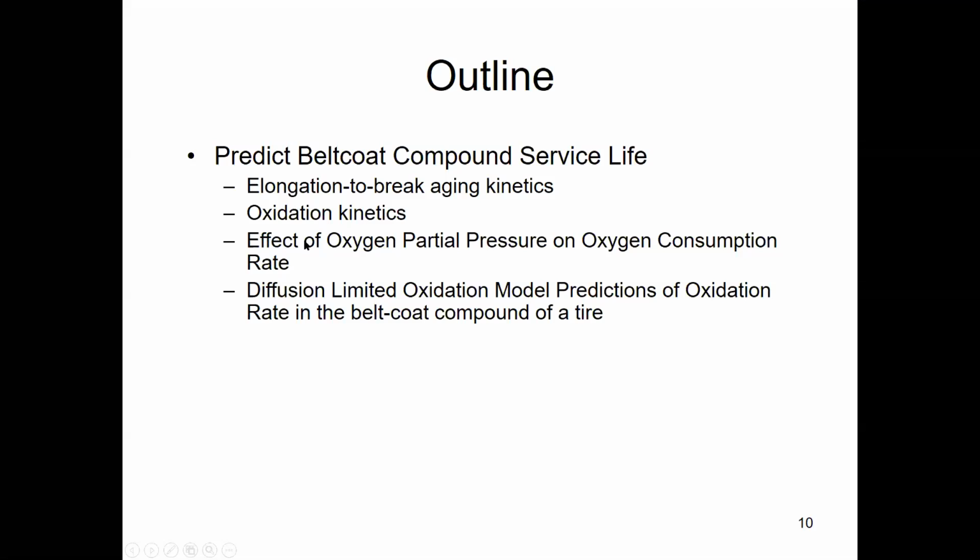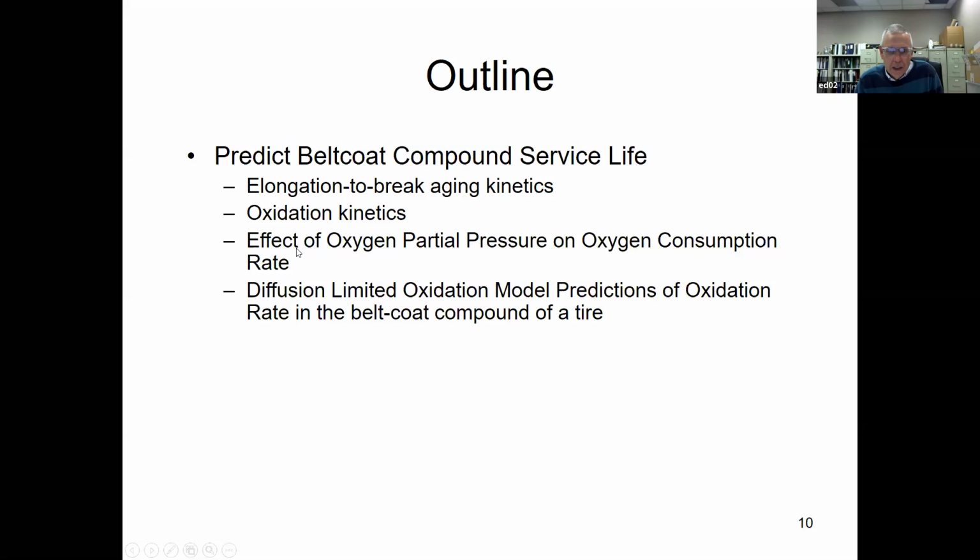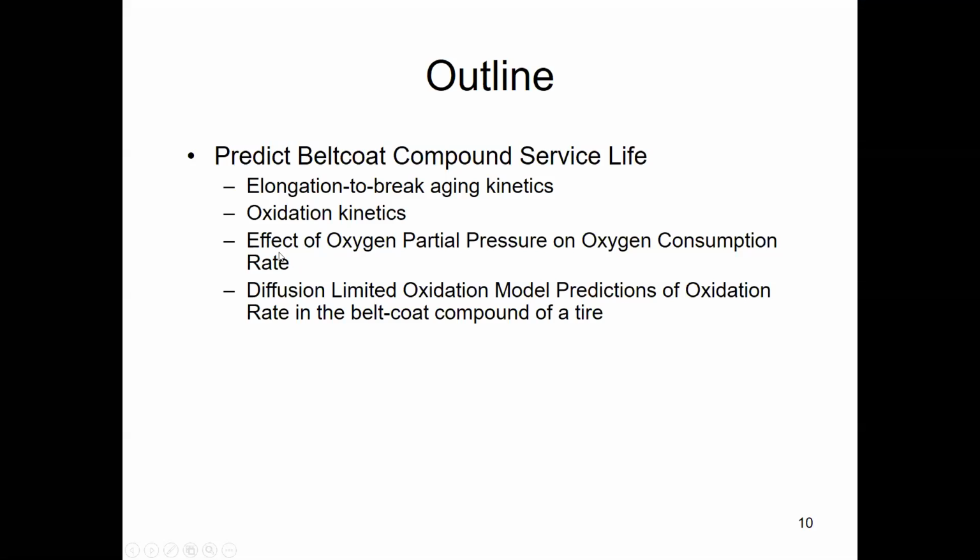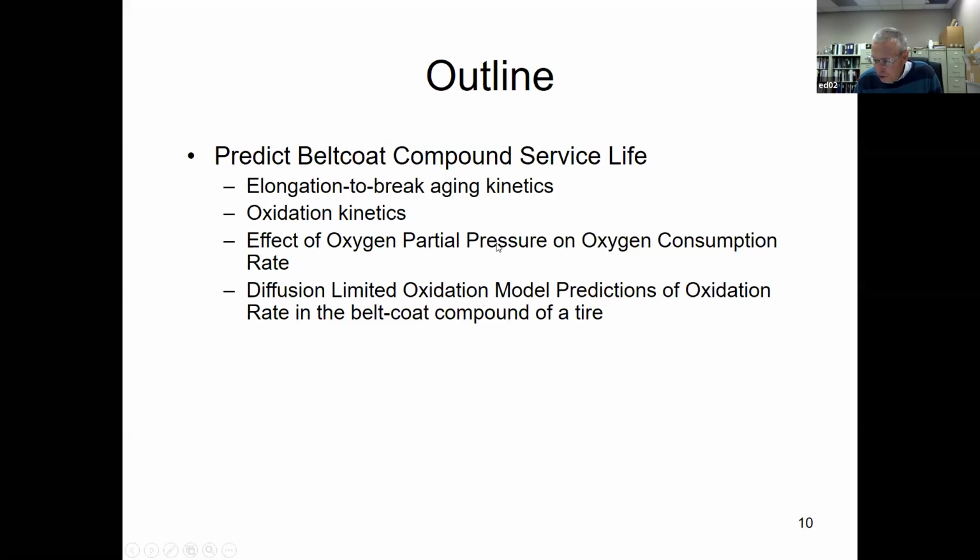We said there are probably two things that are missing in our model. One is the fact that we did not include the effect of oxygen partial pressure. That means the inside cavity of the tire is inflated, so it has higher than atmospheric oxygen partial pressure.